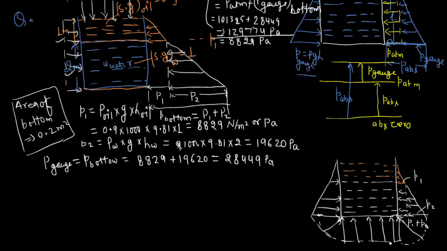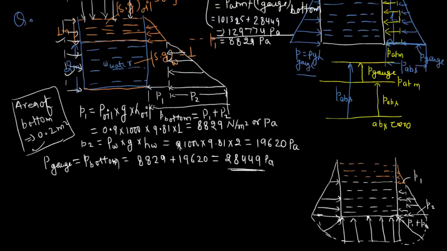So the pressure intensity at the bottom, that is the gauge pressure, is equal to P1 plus P2, and we calculated the gauge pressure at the bottom. Gauge pressure at the bottom is equal to 28,449 Pascal. So as I want to calculate the force exerted by this fluid due to the gauge pressure at the bottom of this container, we can directly multiply this gauge pressure to this area, because in this case the pressure distribution is uniform throughout the bottom.